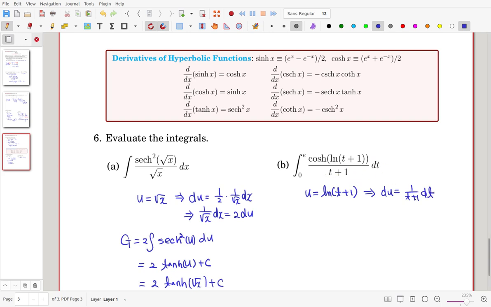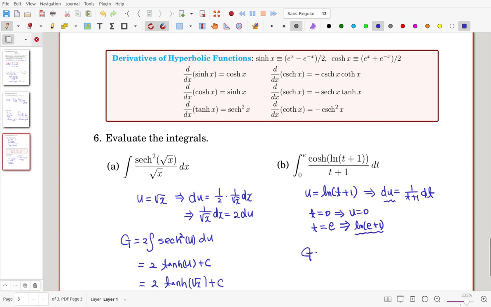This portion will later be changed to du. Now, t is 0 implies logarithm of 1, so u equals 0. Now t is e, then we have the logarithm of e plus 1. But anyway, that is a number, even though it's a bit complicated.